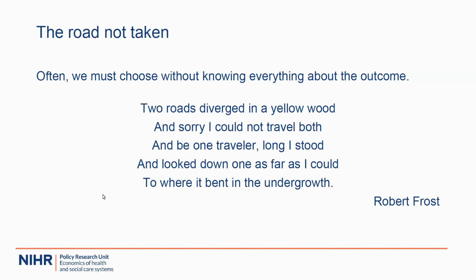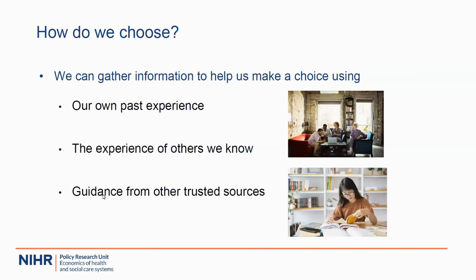And I find that just a helpful metaphor to keep in our minds when we're thinking about using econometrics to help us make a choice. One way of thinking about it as a method is to try and see a bit further down both of those paths before we decide which one ultimately to take.